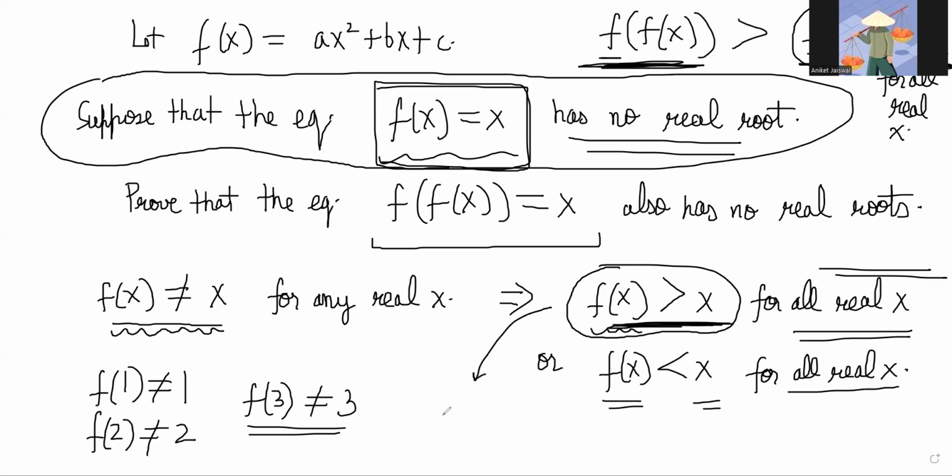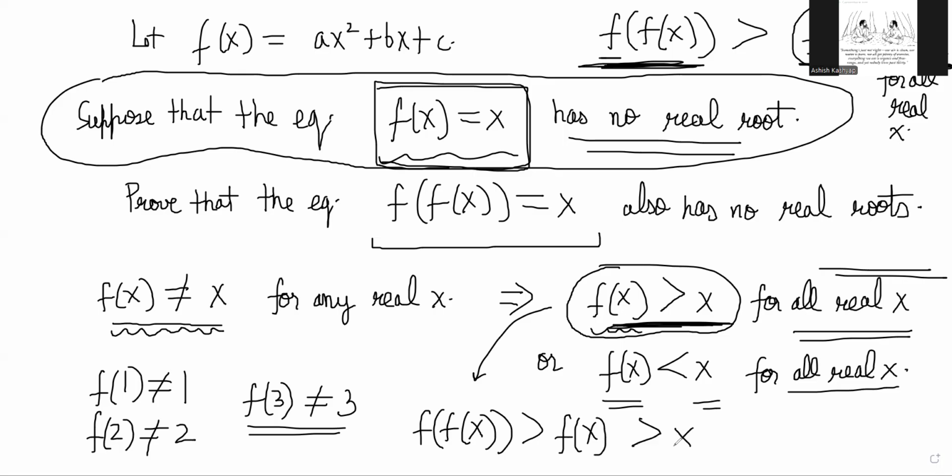इससे आ रहा है कि if you apply f on both sides once more, f of f of x is also greater than f of x, which is greater than x. So f of f of x is greater than x. और सेकंड वाले कंडीशन से भी आ जाएगा कि f of f of x is less than x. So that will mean that ये equation f of f of x equal to x also cannot ever happen.